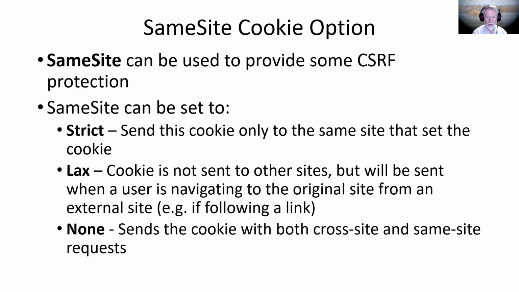Of course, if you say same site equals none, it says, who cares? We'll just send the cookies any place you feel like. That obviously has some security implications. The option was introduced by Google a few years ago. It's starting to become implemented here and there.